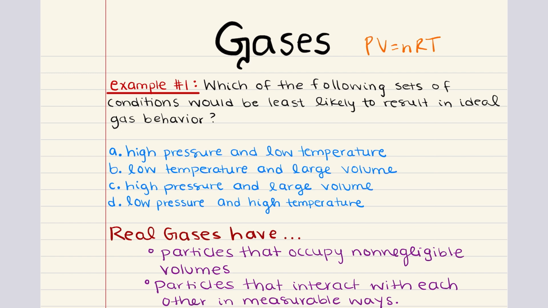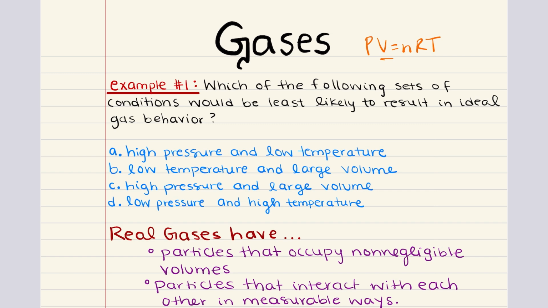At high pressures, the volume of these particles becomes significant compared to the total volume of the gas. And this is because under high pressures, the gas particles are squeezed much closer together, which means that the space they occupy cannot be ignored. And this causes the actual volume of the gas to be less than that predicted by the ideal gas law.